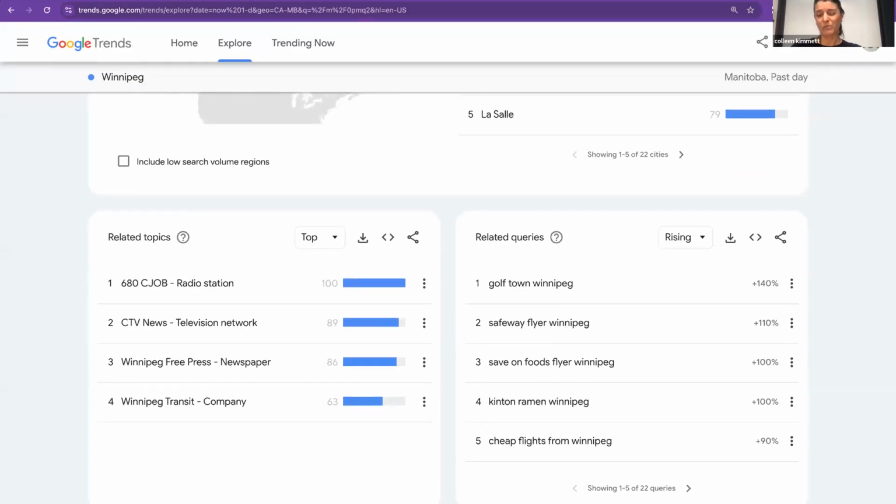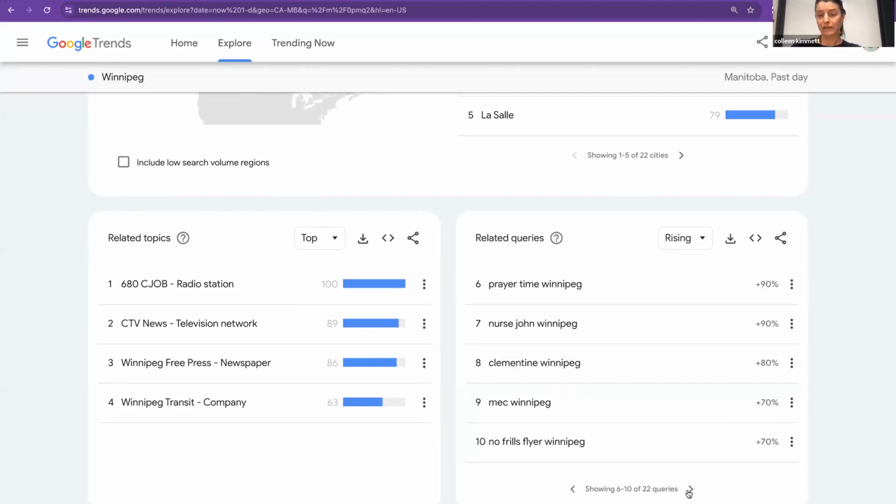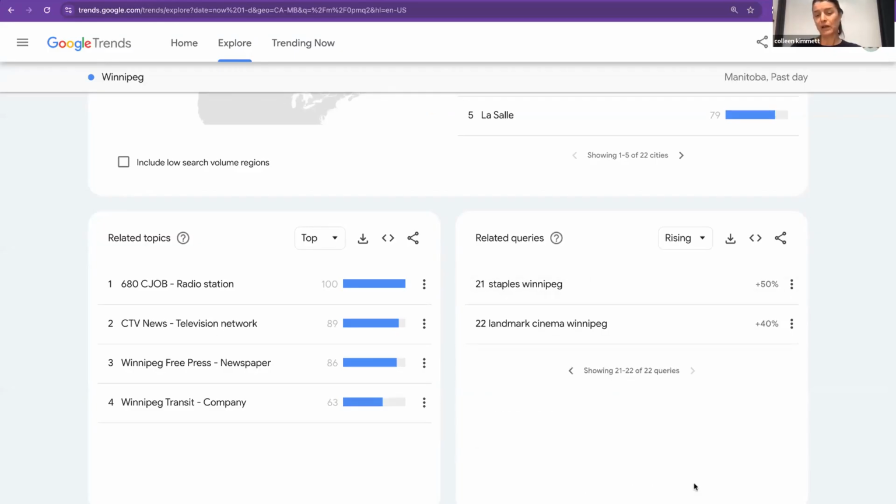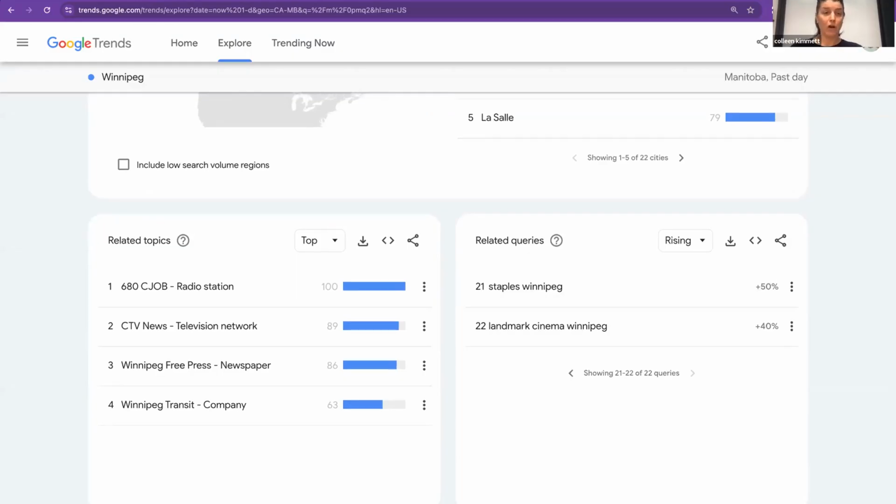So sometimes these are not newsworthy, people are looking for restaurants or where to eat. Prayer times, Winnipeg. You might identify what a particular population in your city is looking for that you might not have thought to look for.